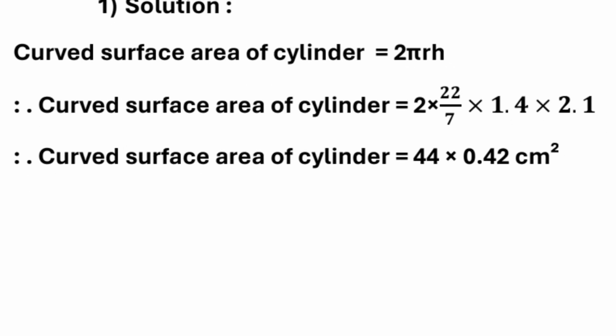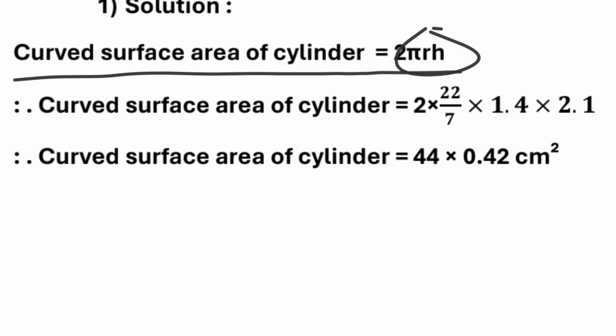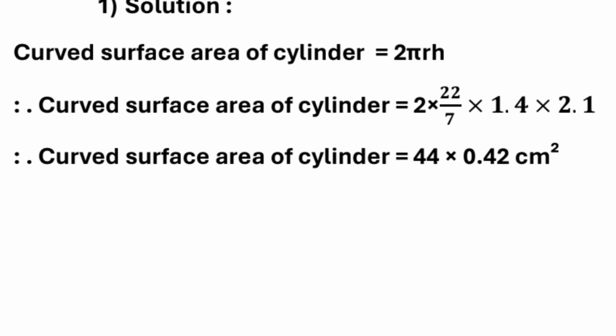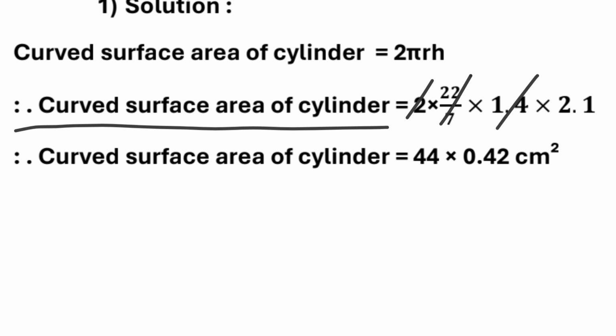Now here we use the formula for curved surface area of cylinder, 2 pi RH. Now we put values. Therefore, curved surface area is equal to 2, value of pi 22 upon 7, means 2 into 22 upon 7, then into value of R 1.4 into value of H 2.1.